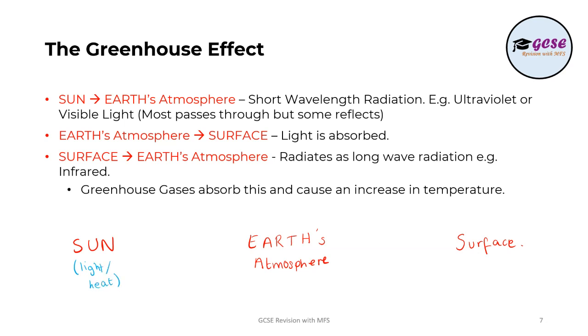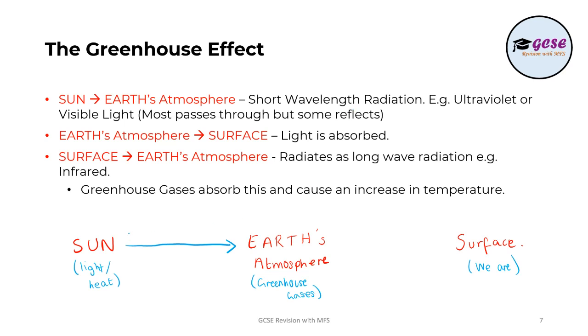The Earth's atmosphere has greenhouse gases, and the surface is where we are. Now the sun gives out light and heat to the Earth's atmosphere, and this is in the form of short wavelength radiation.